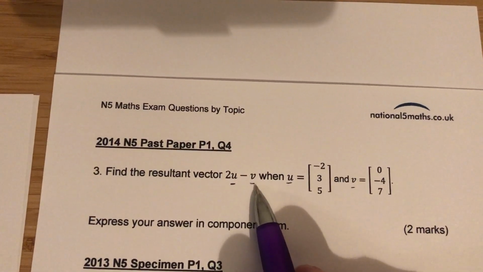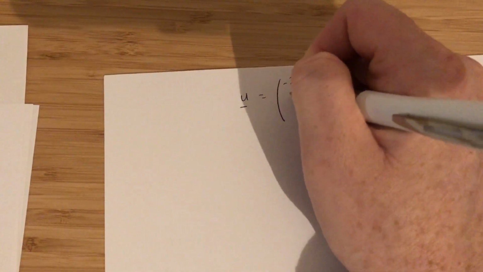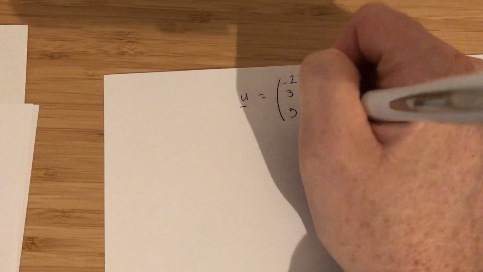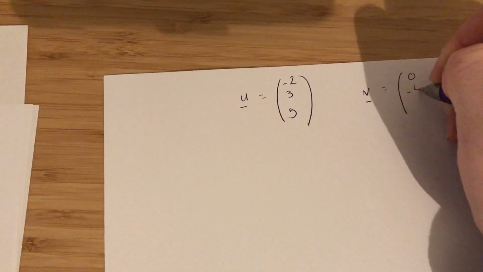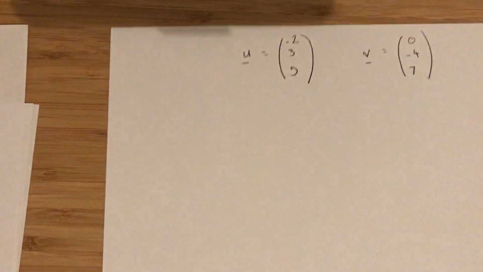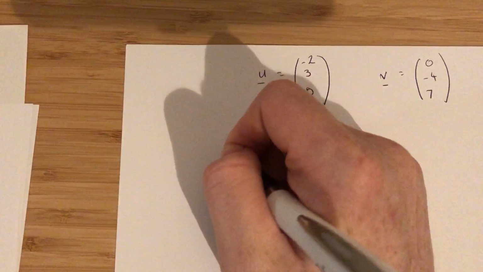So 2u minus v. I'm just going to write each of those vectors out first. So u is negative 2, 3 and 5. And v is 0, negative 4 and 7. So we have 2u minus v is what we've been asked for.